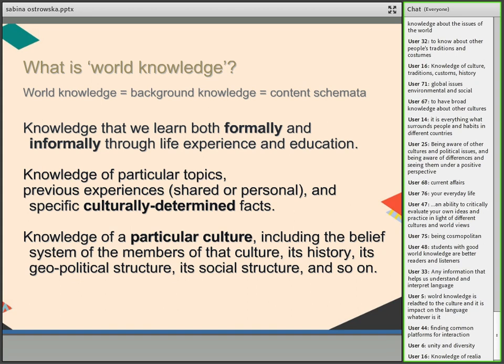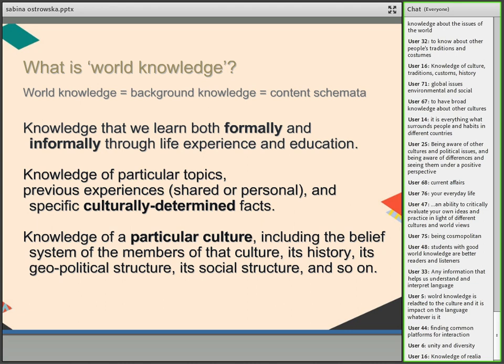But world knowledge also is learned informally. We learn world knowledge secondhand from our friends, from reading newspapers, watching TV, from our relatives, our family. So this could be all the things that you encounter in your daily life.